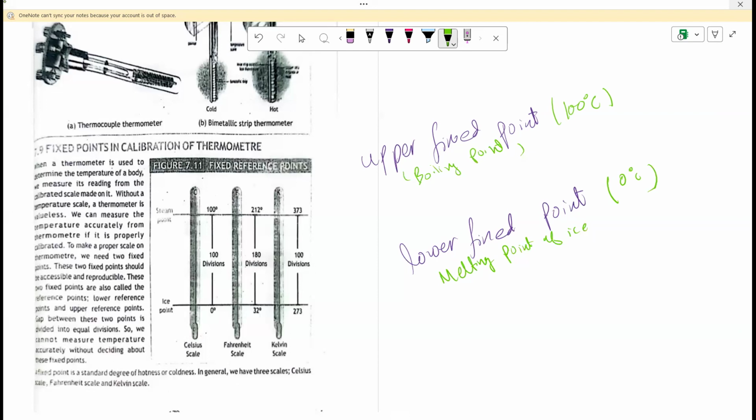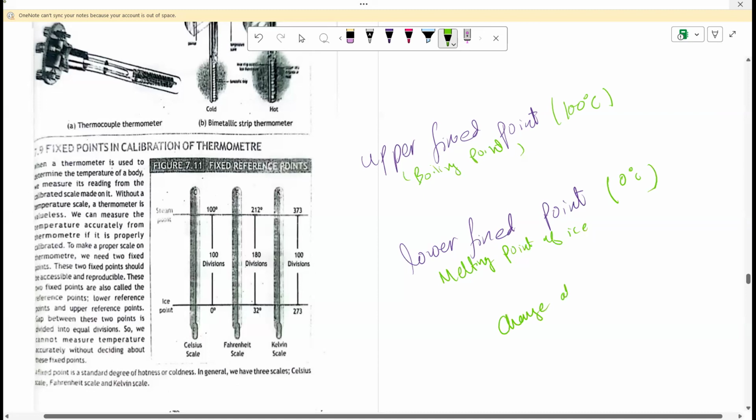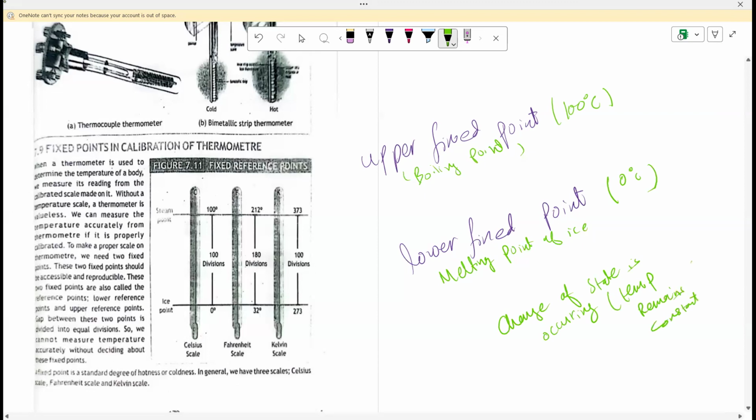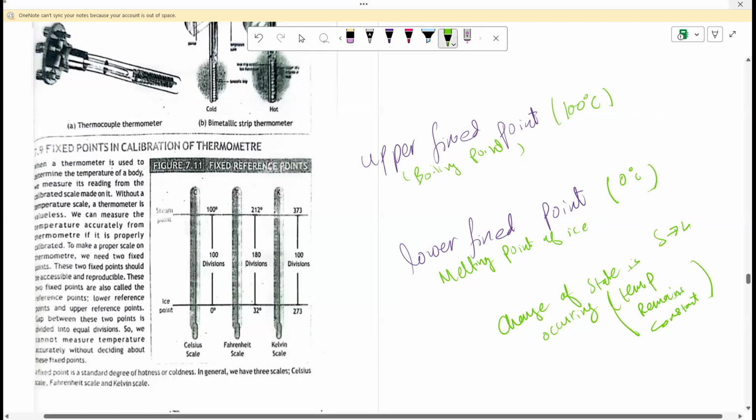Acha, remember this, whenever change of state is occurring, temperature constant रहता है. For example, if solid is melting to liquid or liquid is converting to gas, the temperature would remain constant.